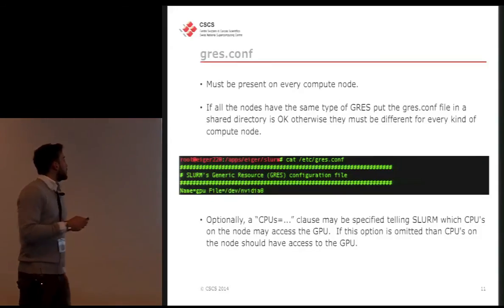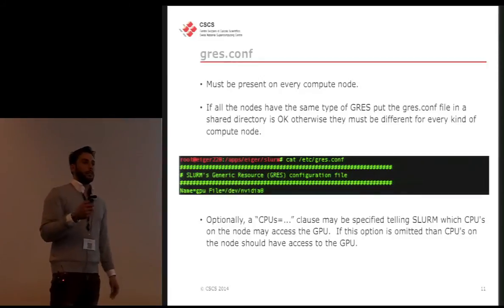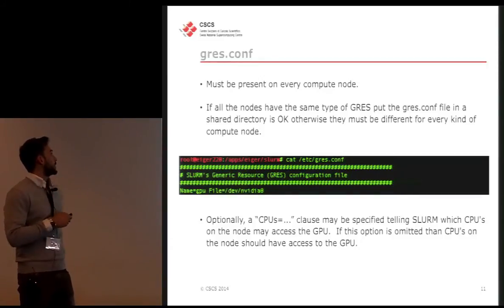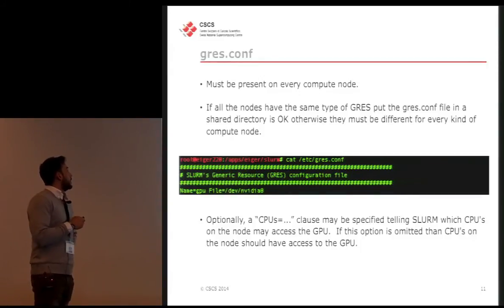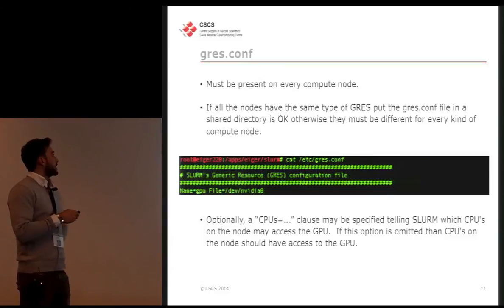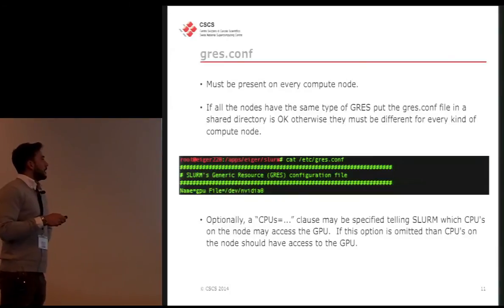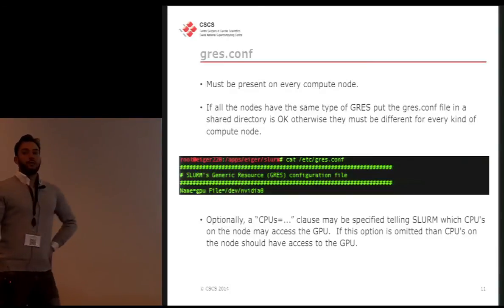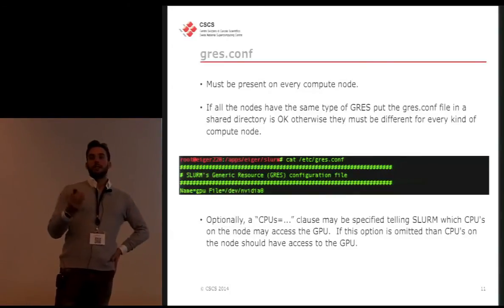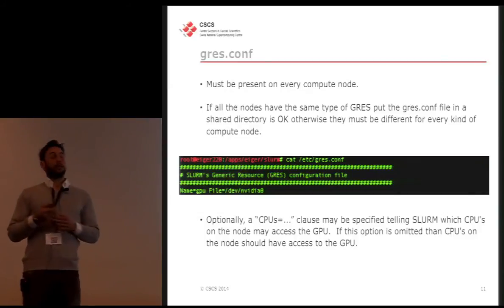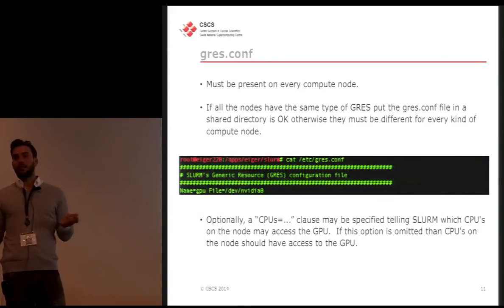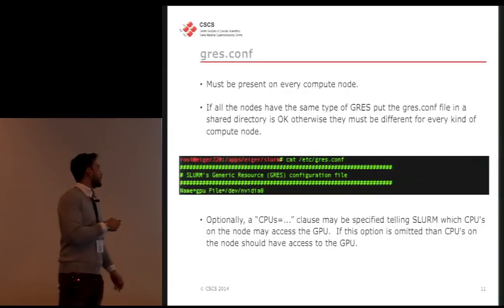And that's it. The other part of configuration is the gres.conf file. It must be present on every compute node with the GPU. For instance, on Dint, all the nodes have the same GPU, so we put this file on a shared directory because it's the same for every node.